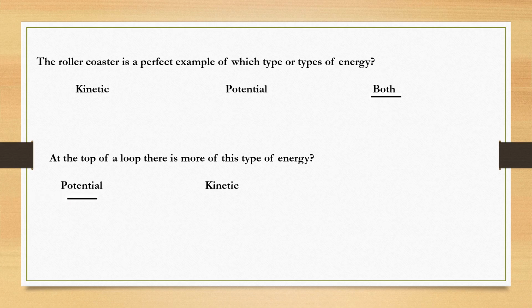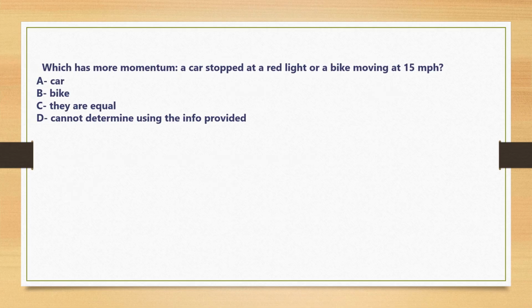The answer is potential energy. Which has more momentum? A car stopped at a red light or a bike moving at 15 mph? A car, bike, they are equal, cannot determine using the information provided. The answer is bike.